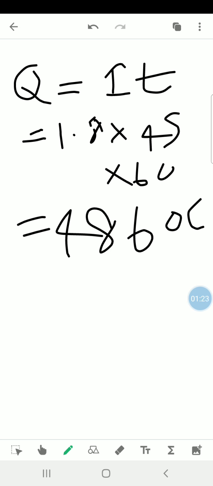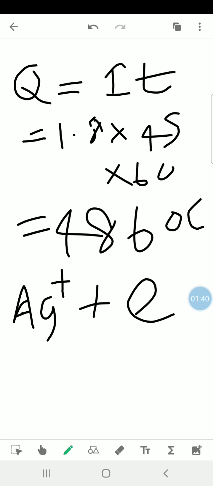Then to deposit 1 mole of silver, we have to find out how much charge is required. So first we have to write the equation for silver. We have Ag plus, then it gets together with 1 electron to produce 1 mole of silver.